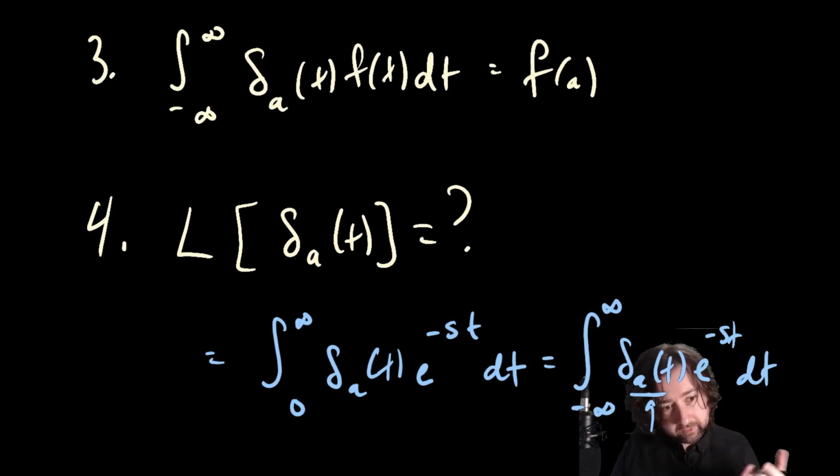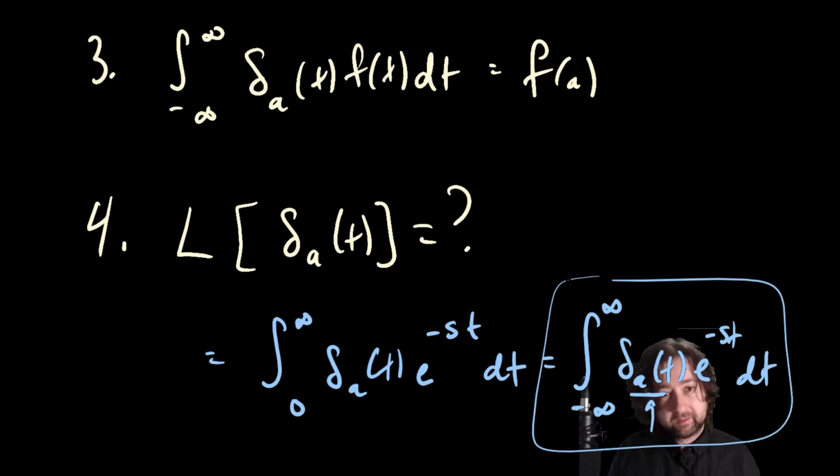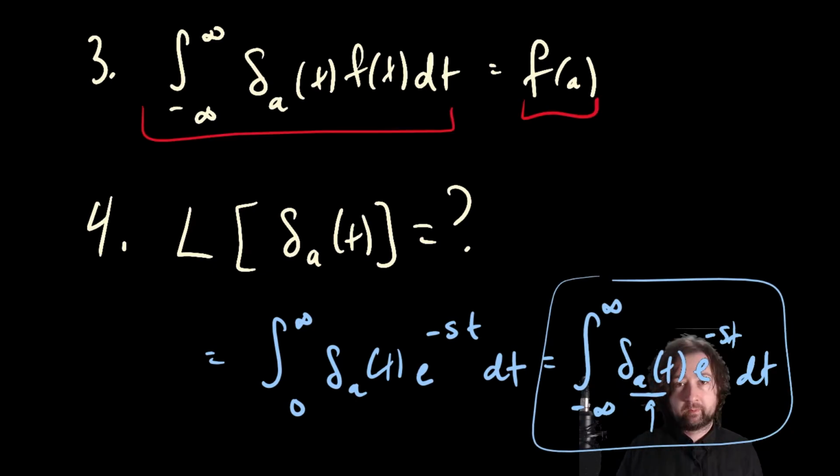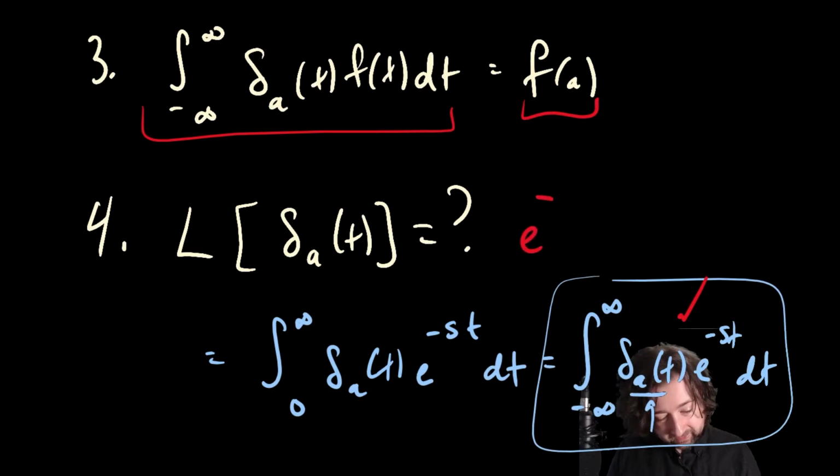All right, well, now what? I already know how to do that because I've got an integral where I've got delta times a function f of t. My rule says that when I have an integral of this form, it just evaluates the function. So what is the Laplace transform of delta a of t? It's the value of this integral, which is just e to the minus as.